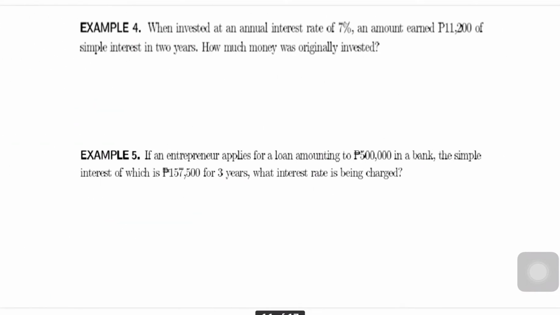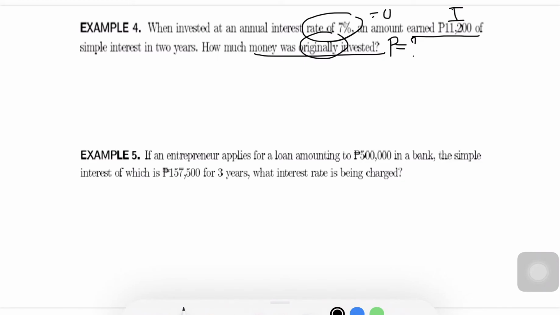Next. When invested at an annual interest rate of 7%, an amount earned 11,200 in 2 years. So this is our I of simple interest. How much money was originally invested? So you're asked to find P. The rate is 0.07, divided by 100%. From I equals PRT, divide by RT.